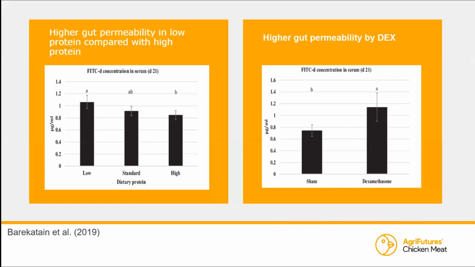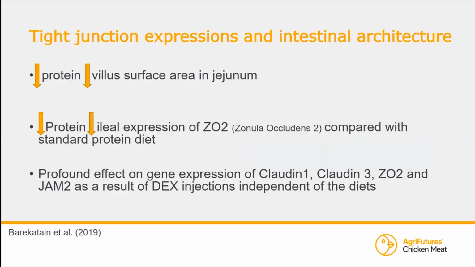This shows there was indeed a difference between the high protein birds and the birds fed reduced protein diets. The birds fed reduced protein had higher concentrations of FITC, which implies higher permeability. There was also an independent and large impact caused by dexamethasone, a glucocorticoid with known impact on gut function.